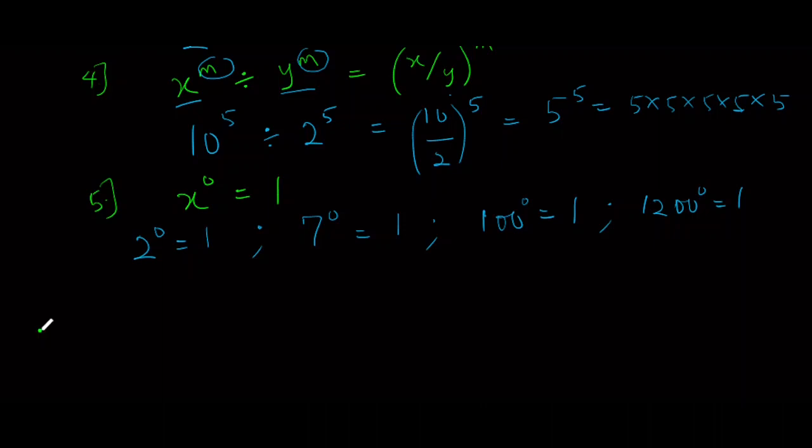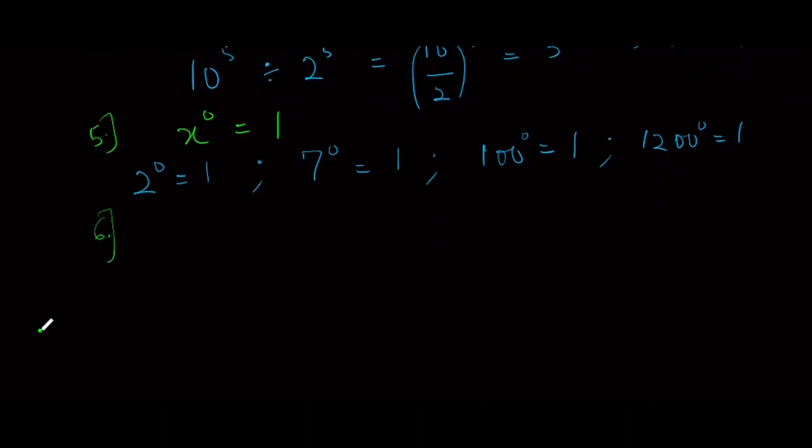Let's consider the 6th law of indices. It says that x raised to power m, everything raised to n, we are going to obtain x raised to power m times n, and that will give us x raised to power mn. What this law is trying to explain is that if we have the base and the first power, everything enclosed in brackets, to another power, we just pick the base, then we multiply the two powers.